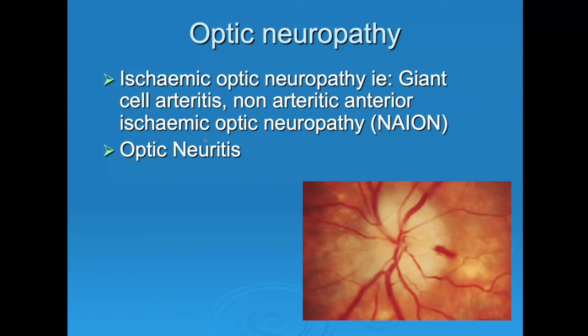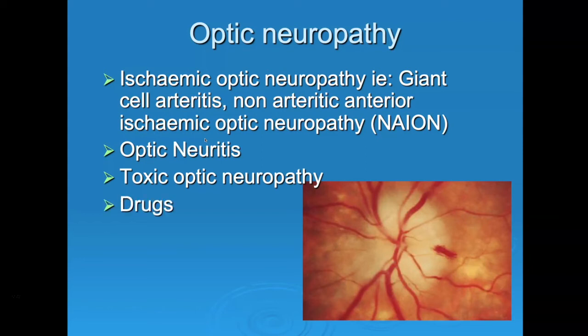It's important to remember that it is not exclusively caused by multiple sclerosis, and patients presenting with optic neuritis should not be allowed to labour under the misapprehension that they have definite MS. Optic nerves can be damaged by excessive alcohol intake and malnutrition, the so-called toxic optic neuropathies, as well as by drugs that we can give patients, such as ethambutol, as part of a 6 or 12-month treatment for tuberculosis.